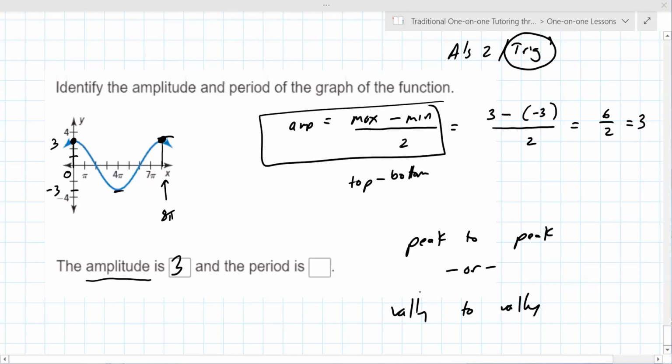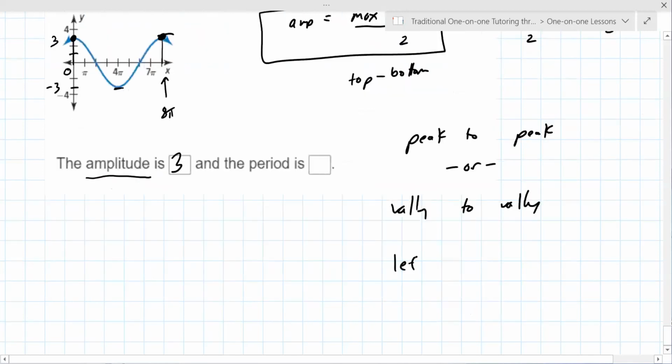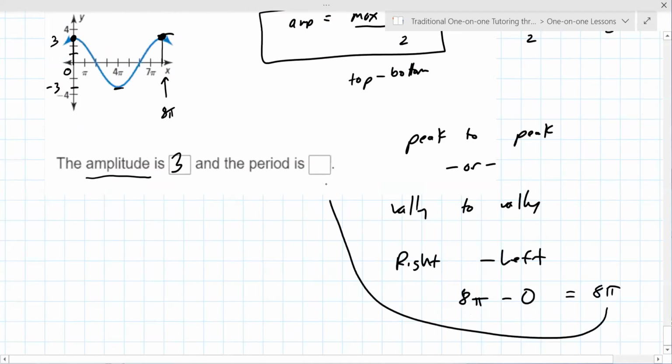So you do this calculation, right minus left: 8 pi minus 0. And that is your period. Okay. Good. So the period is 8 pi.